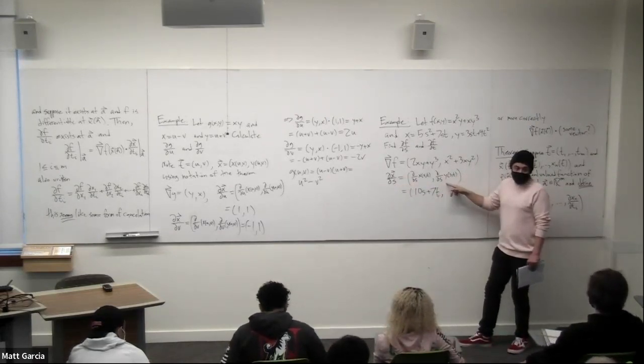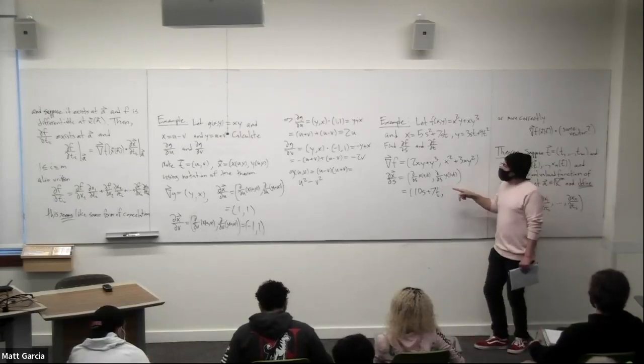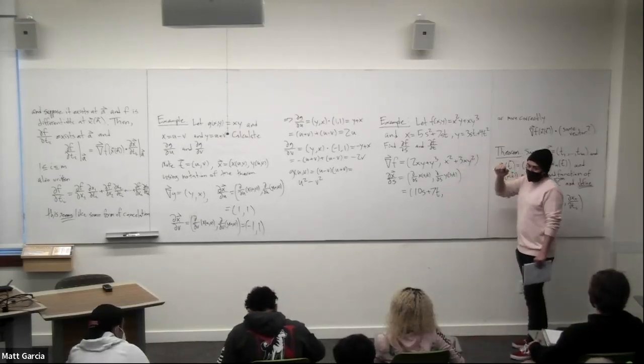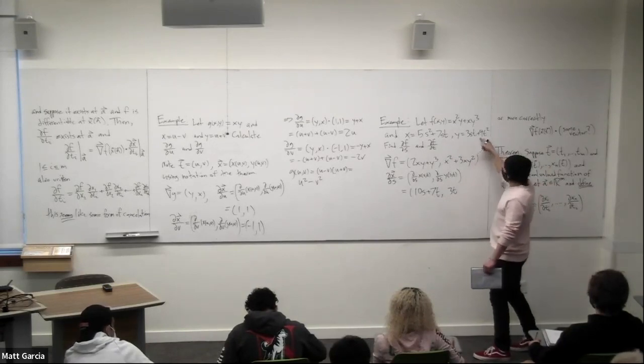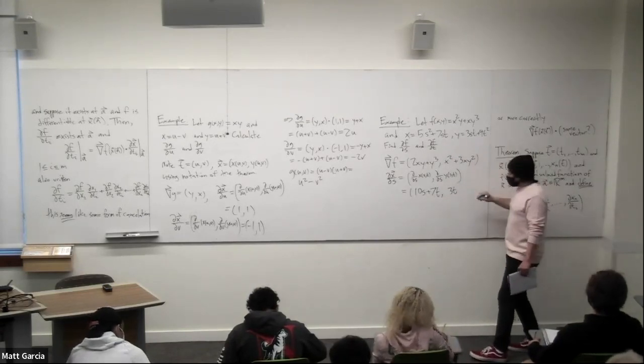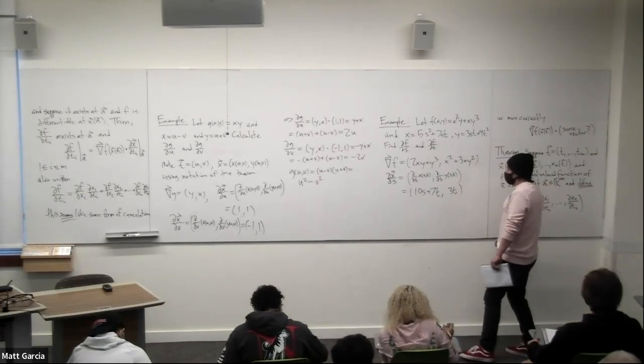So we stick with s. So the partial derivative of y with respect to s is 3t, and this goes to 0 because there's no s part of it. Okay, good.